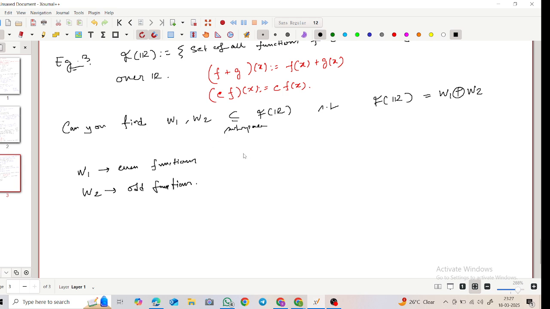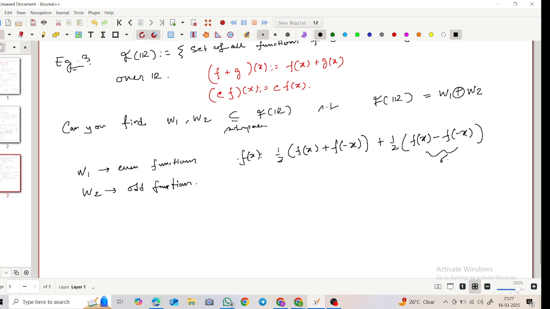Okay, so any function we know that it can be written as... right.